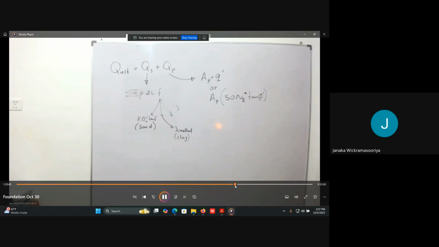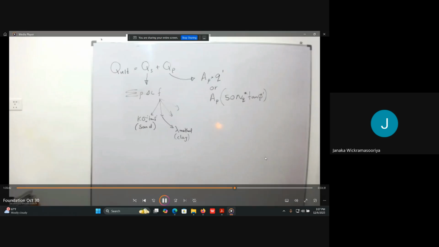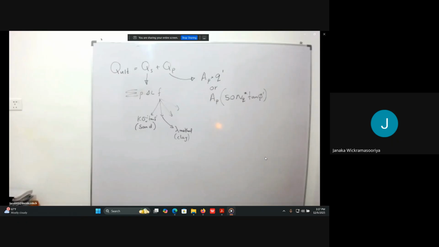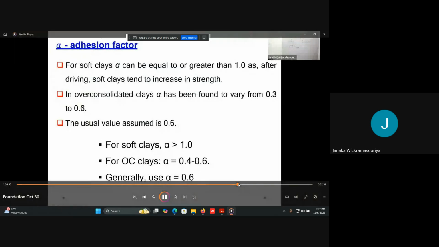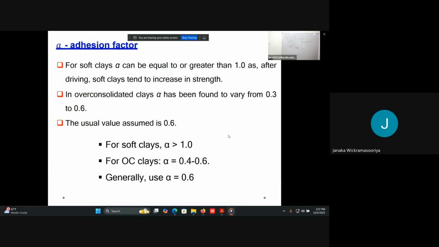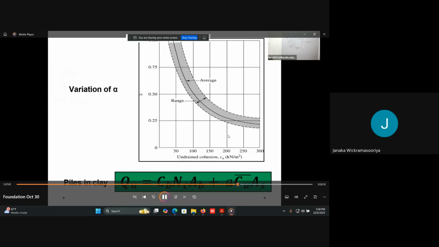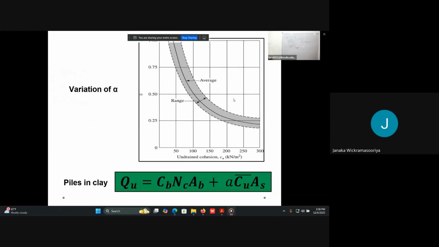Using this or using this, you can use these equations. This is how you can find the alpha value.